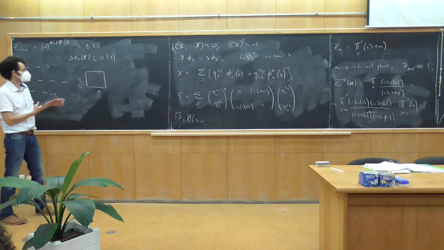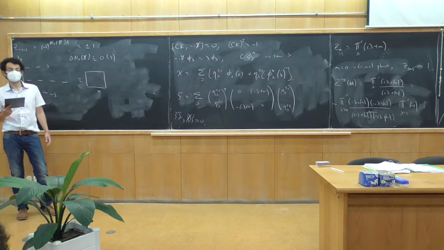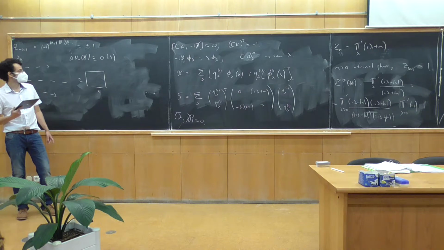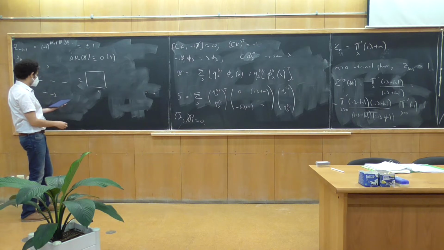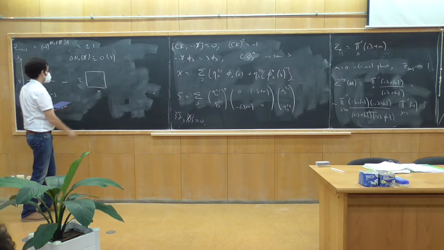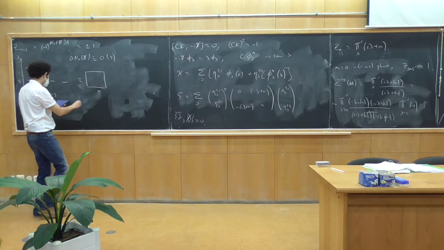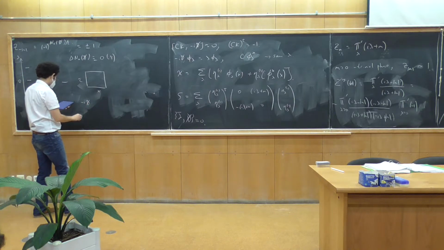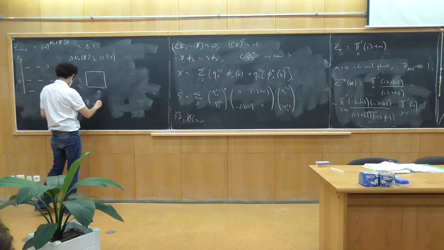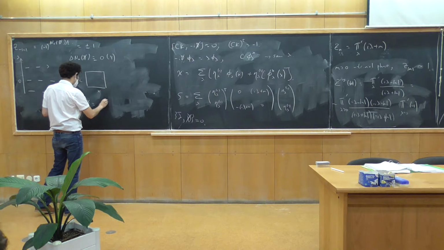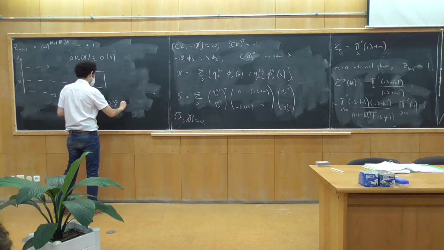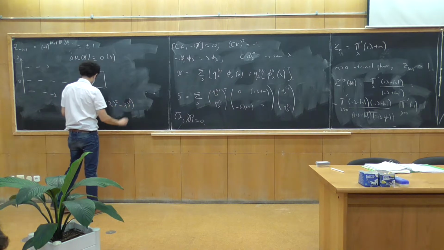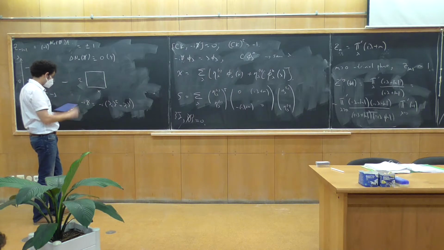And as we discussed, there are 4 different spin structures on the torus. But independent of that, what is the spectrum on a torus of the Dirac operator? It is just minus i d tau gamma tau plus d1 gamma 1.